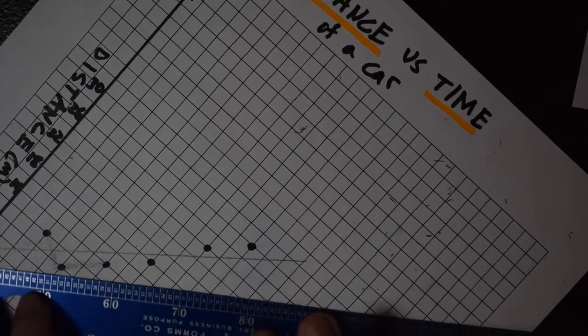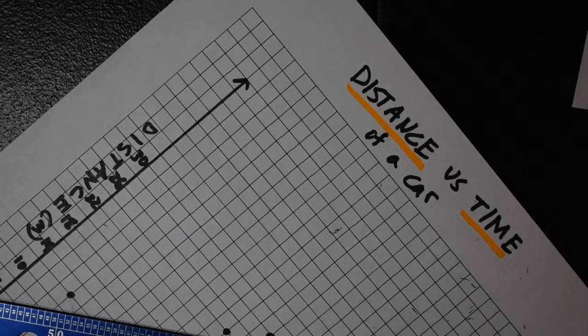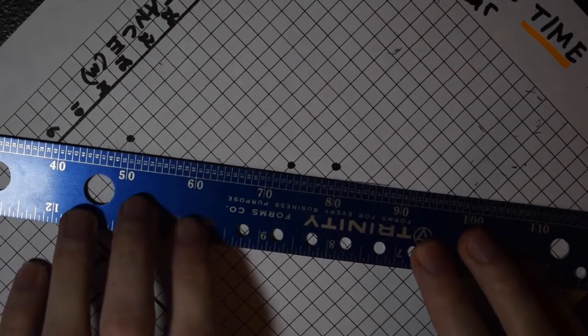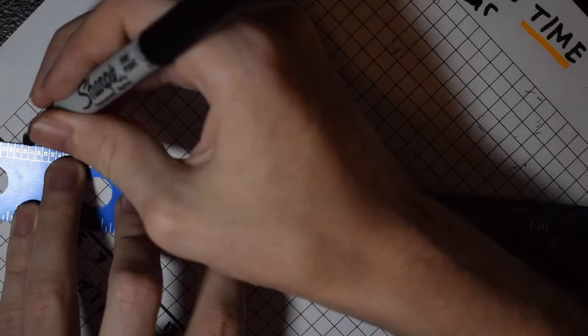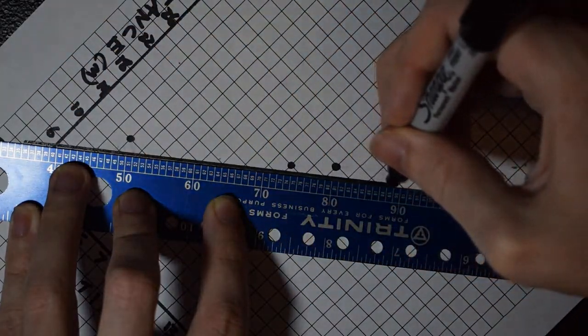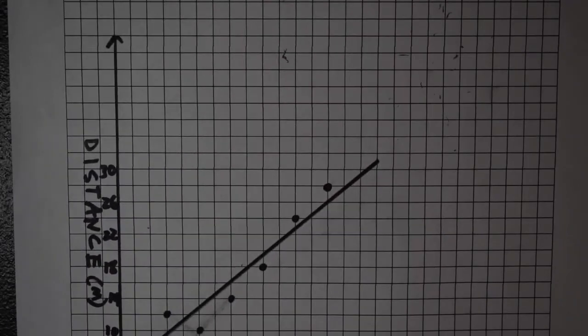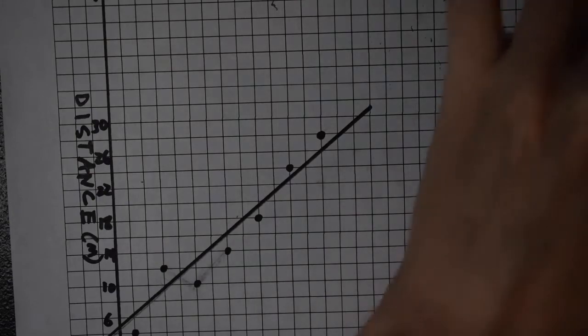So I'm actually going to go over this in Sharpie, just so we can see that better. I know I'm out of the frame. Let me move up. There we go. I'm just going to go over this in Sharpie. We're going to talk more about how we can analyze this trend line in the next video, but this was just how you draw a trend line.